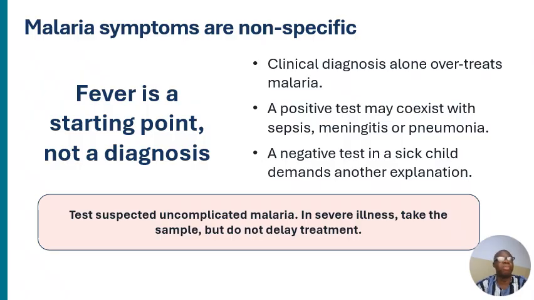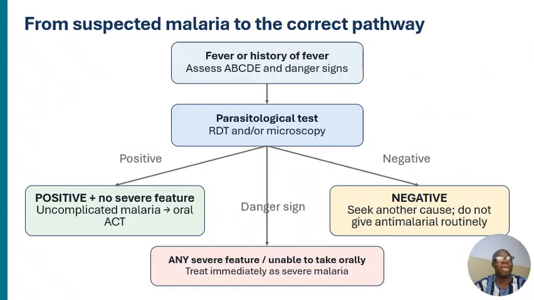Because symptoms overlap with many illnesses, the next step that I'm going to take you through is a disciplined diagnostic pathway. Let us walk through this algorithm from the top to the bottom. The child has fever or a history of fever. Before focusing on malaria, assess the ABCDE and look for danger signs.